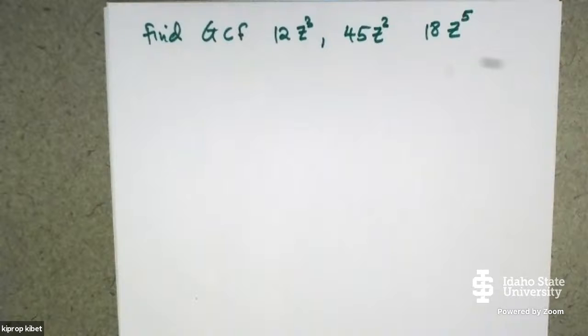So this is 12 Z cube, this is 45 Z square, and this is 18 Z to the 5.